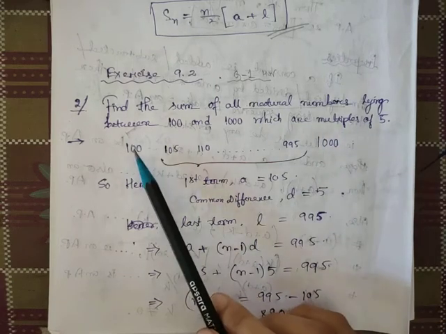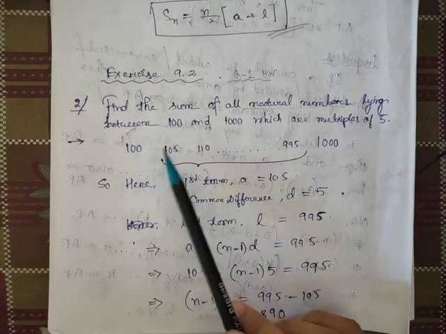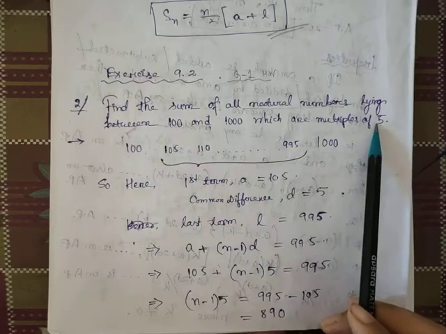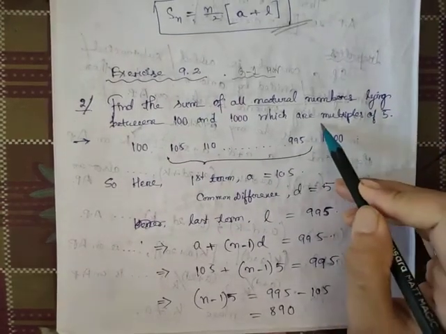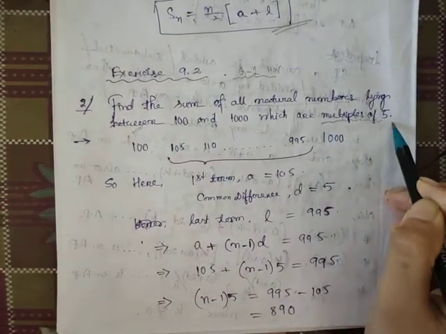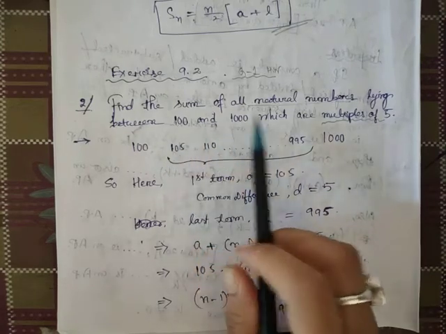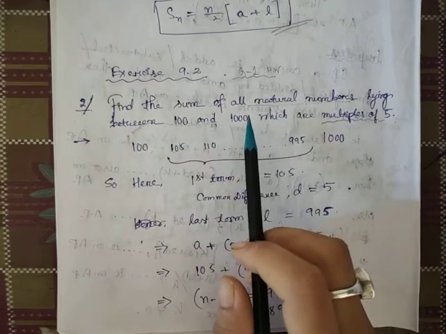So what are the natural numbers between 100 and 1000? We'll check only those natural numbers which are multiples of 5.